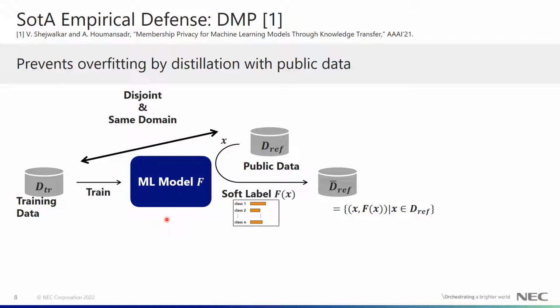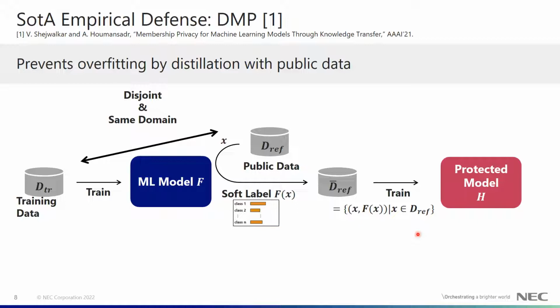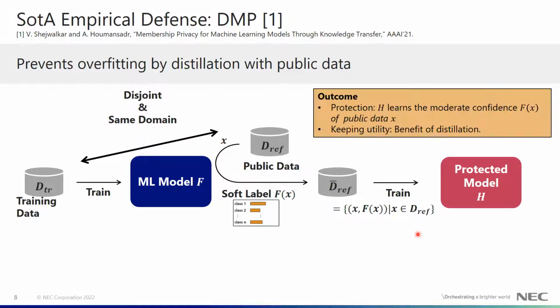Then, relabel the dataset and train a student model. The resulting model is protected since the student learns the moderate confidence effects of public data. And utility is also kept, that is, the benefit of distillation.